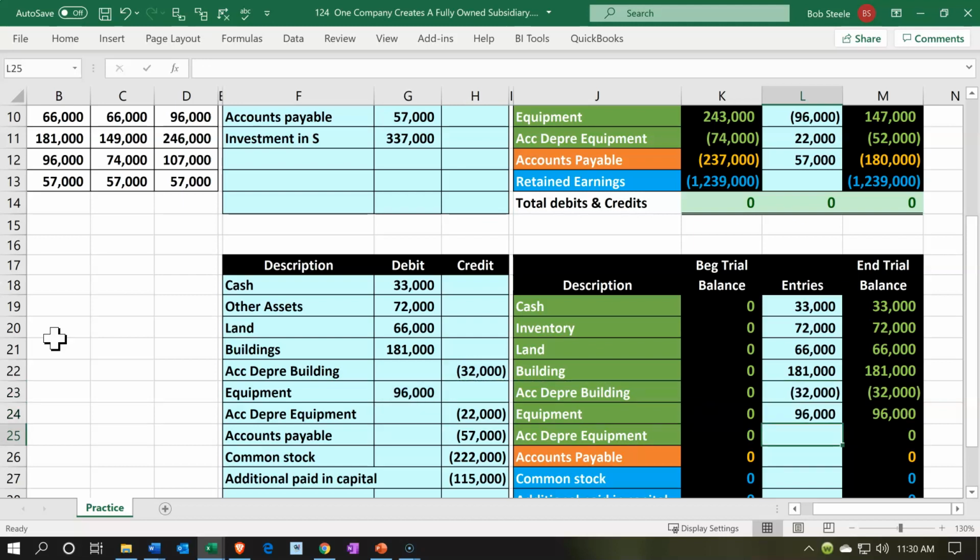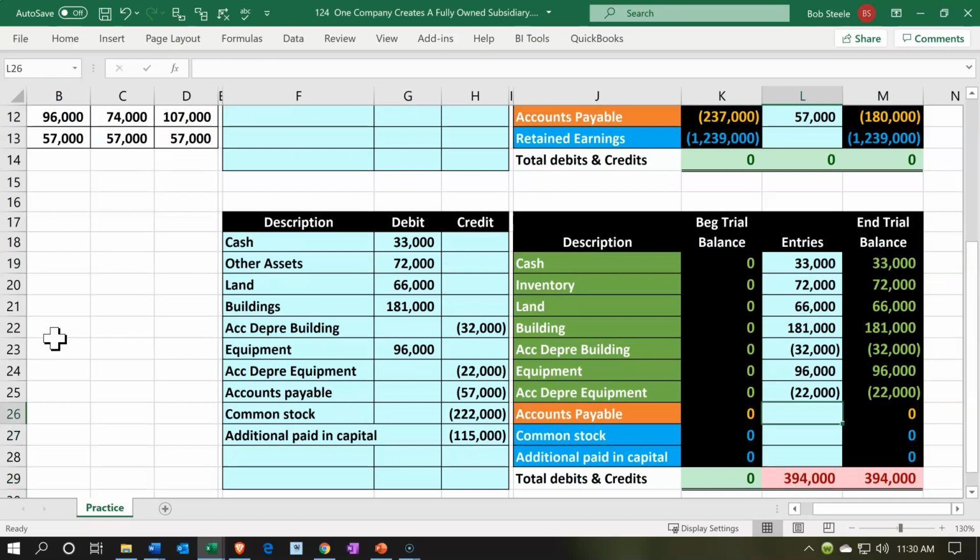We'll pick up the equipment. The accumulated depreciation related to the equipment, or the ACC depre equipment, and then the accounts payable, and then the common stock, and then the additional paid in capital, and there we have it. So that puts us back in balance down here.